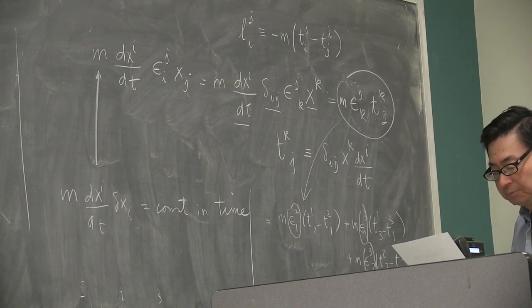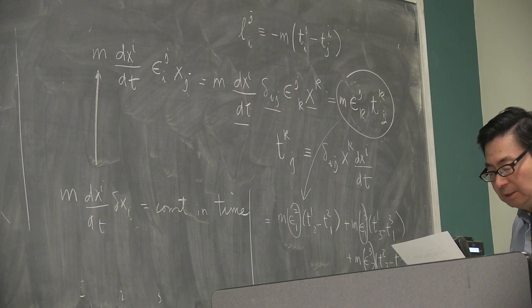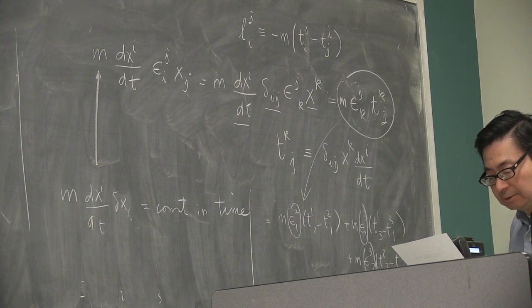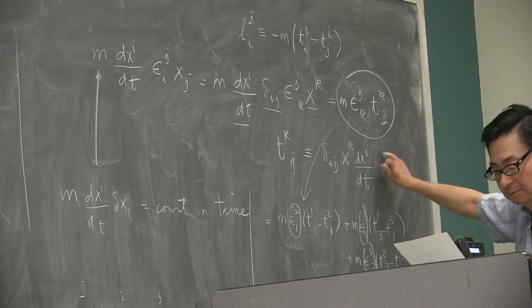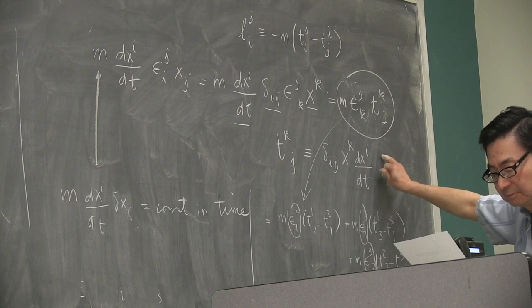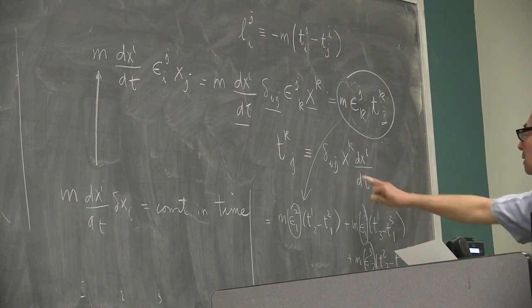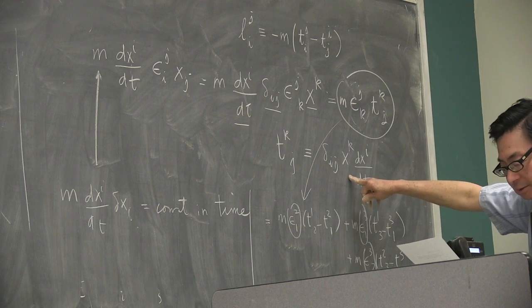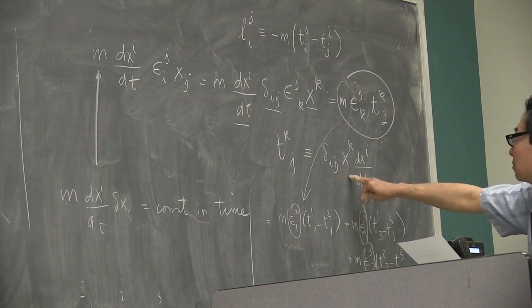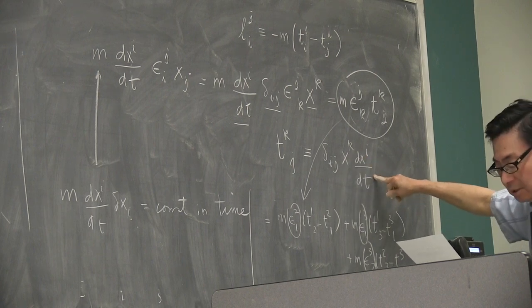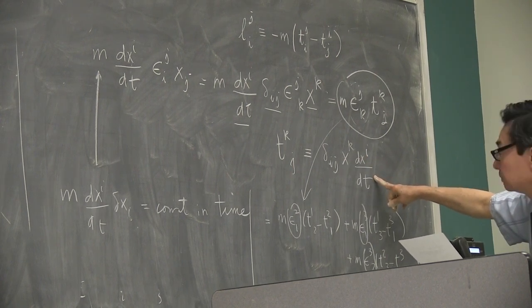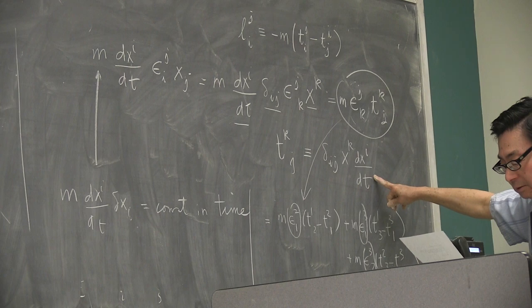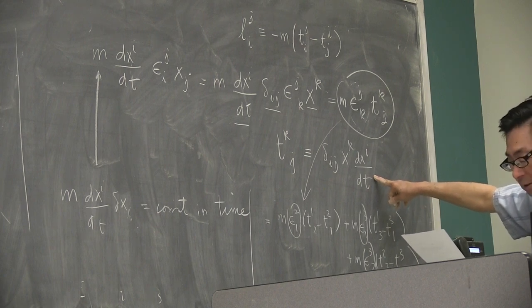And so with the T_ij, let's take a look at this guy. This looks like some component of x multiplied by some component of the derivative of xi.